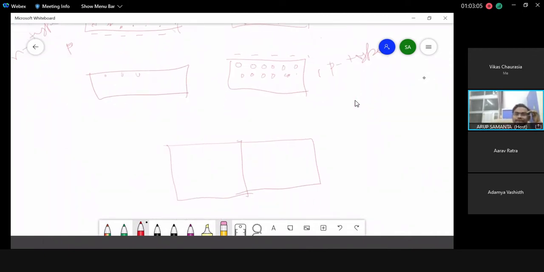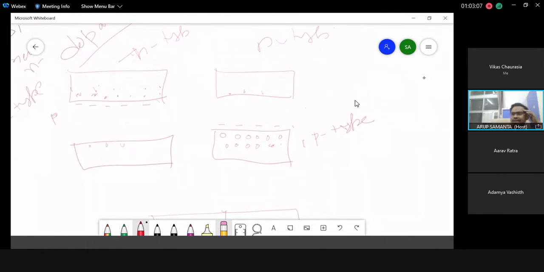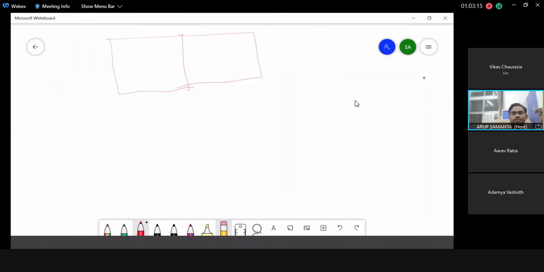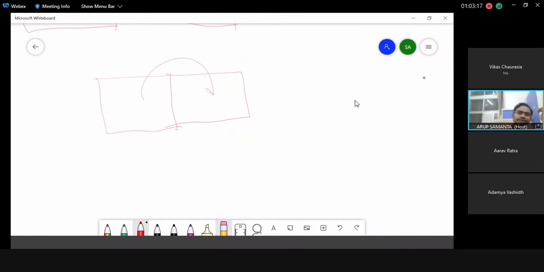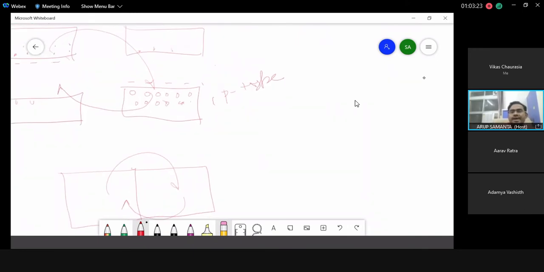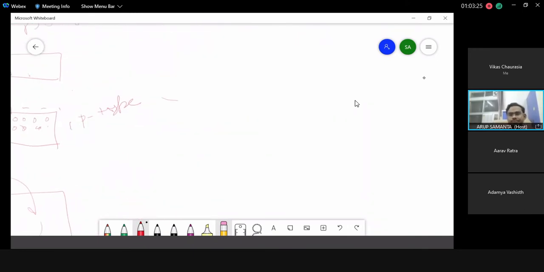Then what will happen? Here the electron concentration is higher, here the hole concentration is higher. So electrons try to move to this side, holes try to move to this side. So electrons will reach from this side to this side and holes from this side to this side, and the potential will change in the system, and this energy band diagram will now modify.